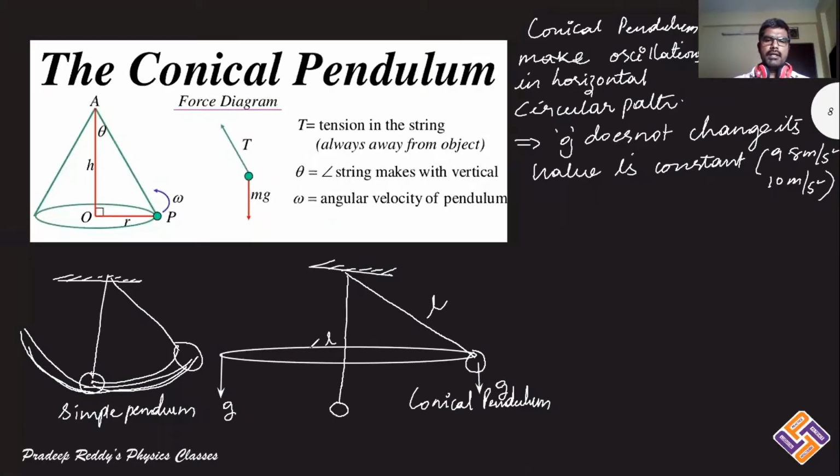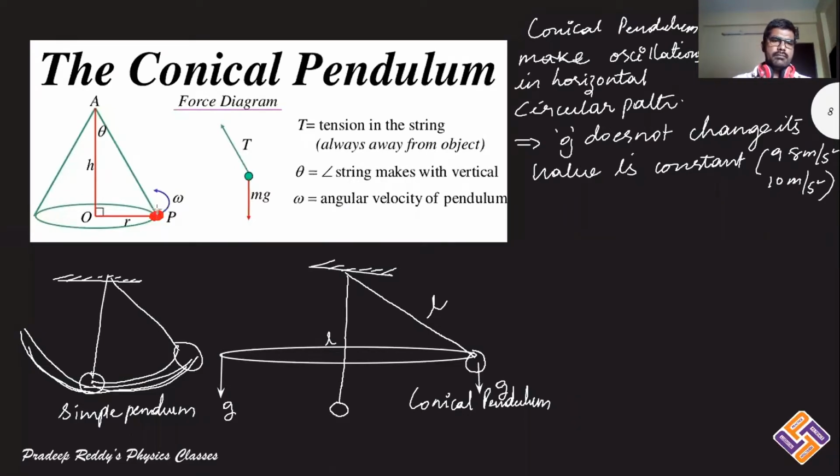Now, when this pendulum is making oscillations in the horizontal path, let us take the pendulum bob at one particular point. This is the pendulum bob, which I have denoted with red ink.